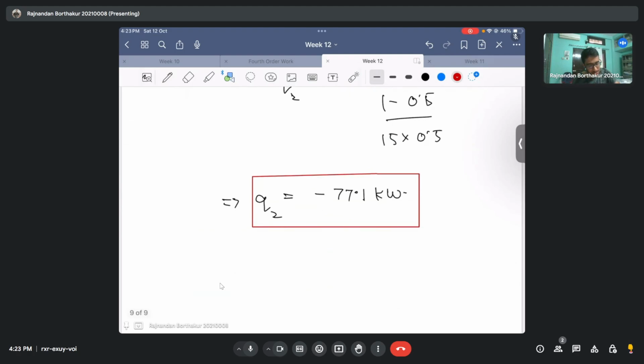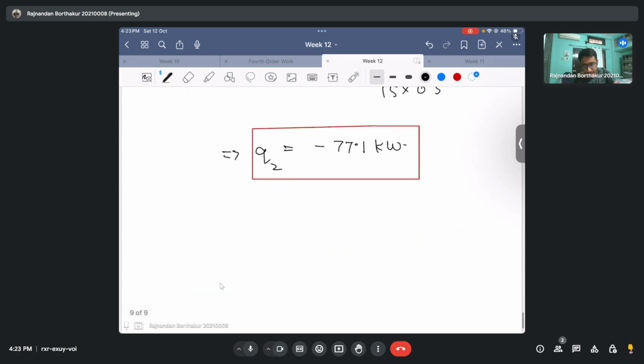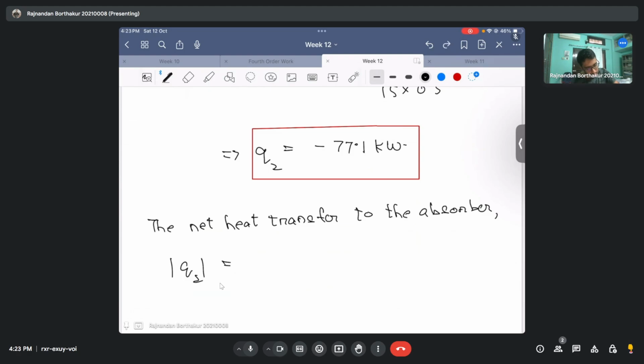That's the idea of this negative sign, which means there is a net heat transfer to the absorber, and the magnitude is around 77.1 kilowatt. That's it, guys. That's the answer that the question is seeking.